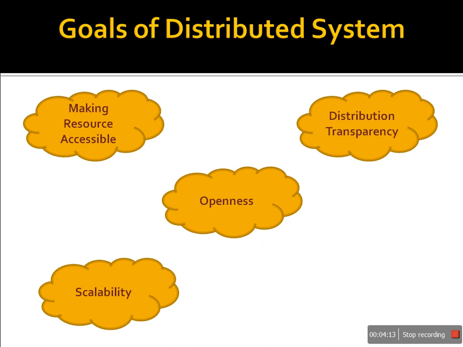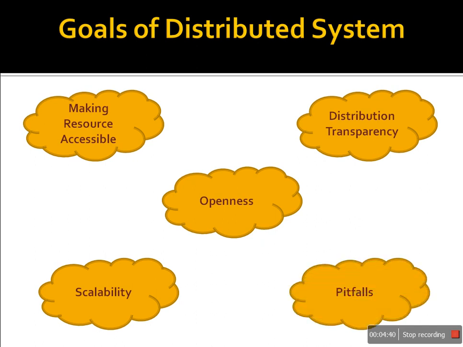Second, a geographically scalable system is one in which the users and the resources may lie far apart. And third, a system can be administratively scalable, meaning that it can still be easy to manage even if it spans many independent administrative organizations.